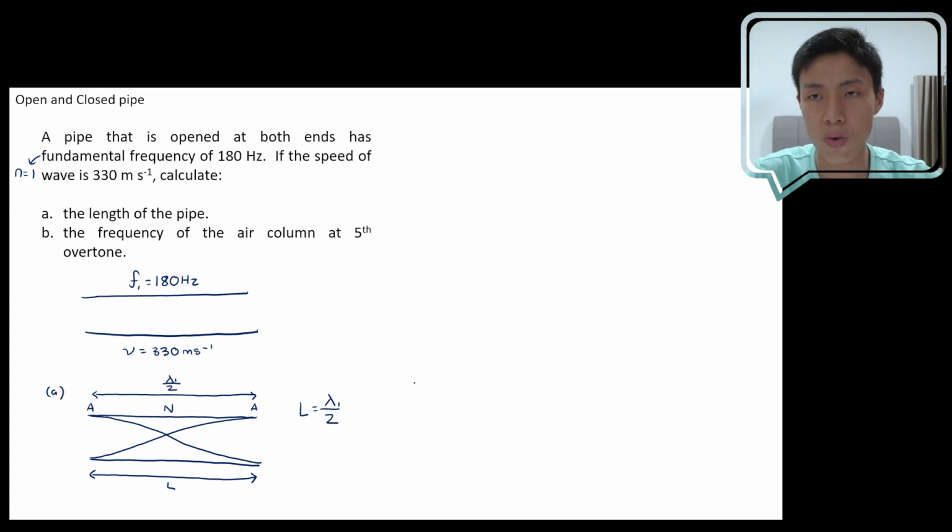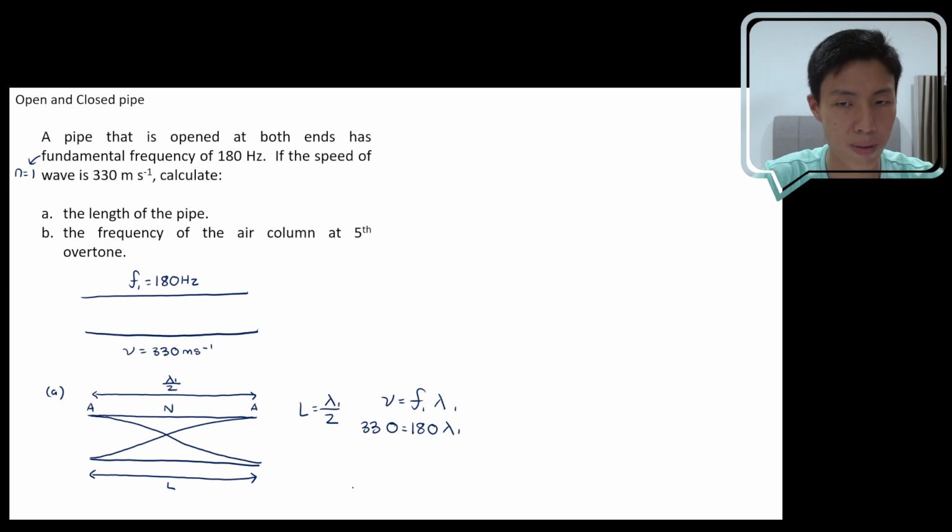Knowing this, we can continue to solve the question because we know that v equals f lambda. This is the first harmonic, so v = F1 lambda 1. The wave here has a speed of 330 meters per second and a frequency of 180 Hz. So from here you are able to find lambda 1, but we are not asking for lambda 1.